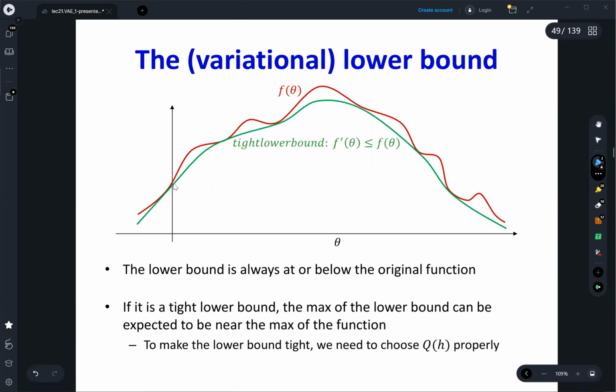But specifically, if I have a tight lower bound, by which I mean that my lower bound is very close to my log likelihood function, then if I choose my theta such that my tight lower bound is maximized, I can expect that at that theta, even my log likelihood f of theta will be maximized. Does that make sense? It's not a guarantee. It's a belief, right? So did that make sense?